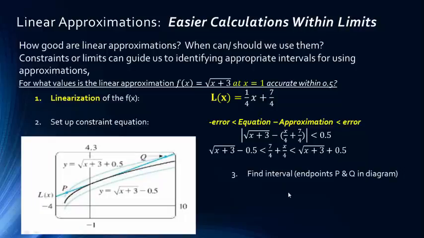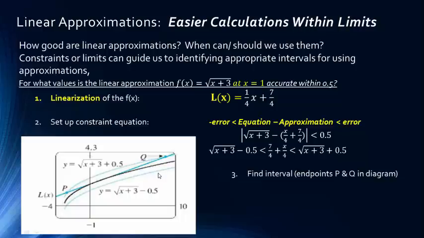So we want to find the interval endpoints of P and Q in the diagram. Notice what we've done here is we have a new graph, which is square root of x plus 3 minus 0.5, and you can see that below the graph. All we've done is taken the original graph, which is this curve, and the distance between that and this new blue curve below it is 0.5.